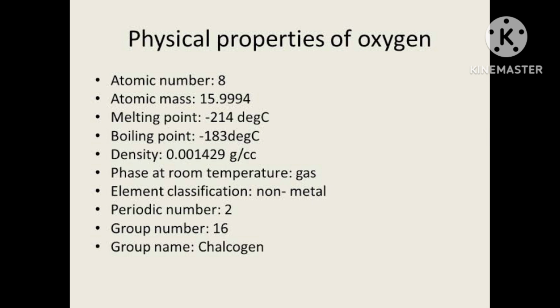And mixed oxide means Pb3O4. Why is it mixed? Because Pb3O4 can break into two oxides, PbO and Pb2O3. Two oxides are there. Pb3O4 can be broken into PbO and Pb2O3.